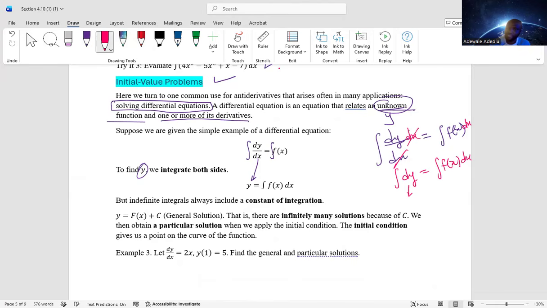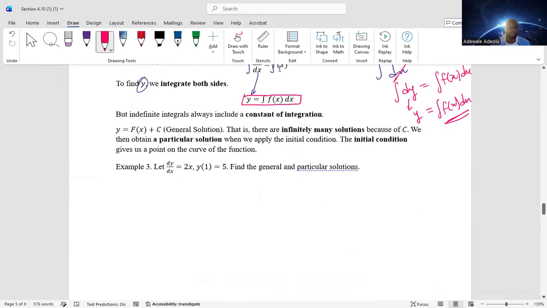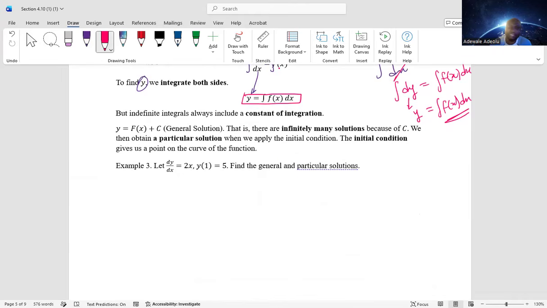And if I go back here, I will have y, that is the integral of f of x dx. So look at it, that is that function in this case, y equals the integral of f of x dx. But indefinite integrals always include a constant of integration.